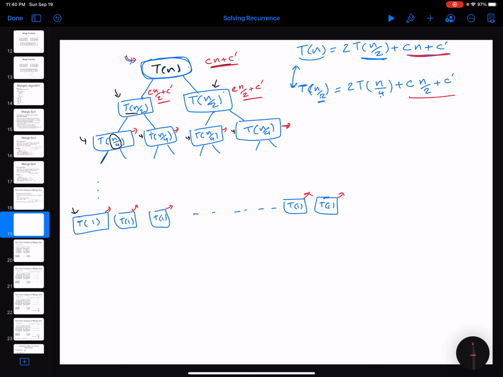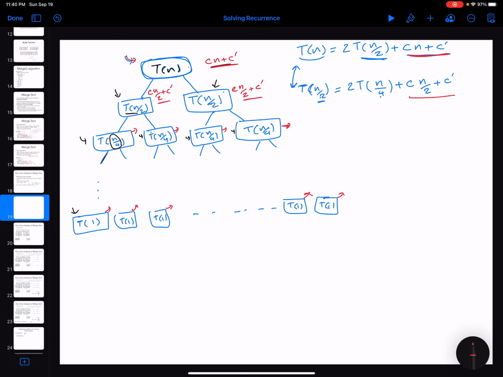You need to get the summation of all of these costs to find the full amount of time that will be spent to execute the merge sort on the computer. So this is the idea behind this recurrence tree.